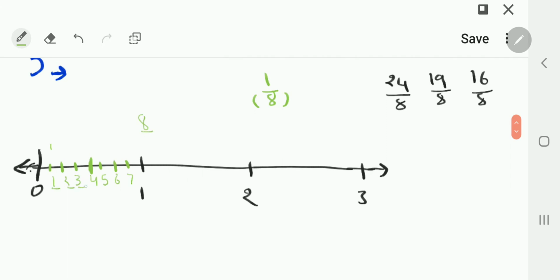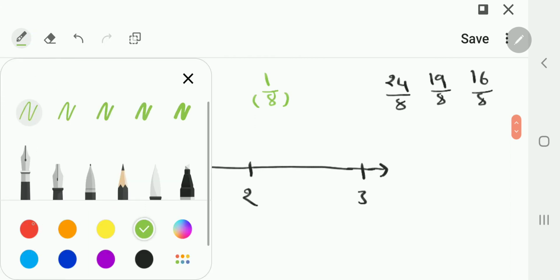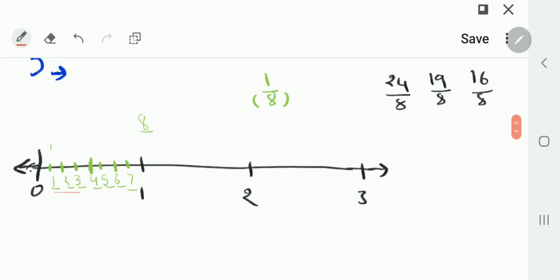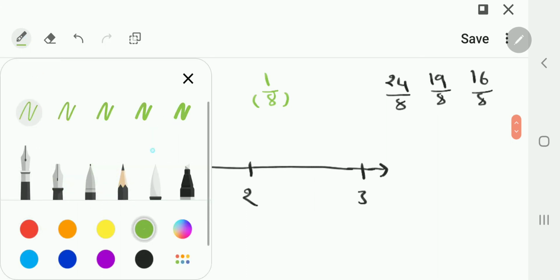And each one is gonna have a fraction, right? And then this is 1/8 because I am using eighth. 1/8, 2/8, 3/8, 4/8, 5/8, 6/8, 7/8, and then 8/8 is equal what? 1, which is this one.